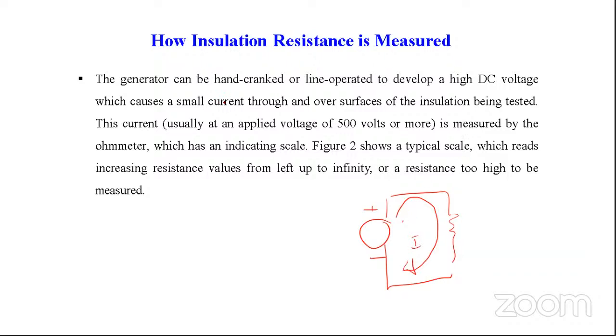Generally, a small current flows through the circuit due to the high DC voltage, through the surface of the insulation being tested. This current is usually at an applied voltage of 500 volt, but different voltage level settings are available in an insulation tester or Megger. 500 volt is the basic setting, and you can measure insulation resistance at higher elevated voltage up to 5 kilovolt.